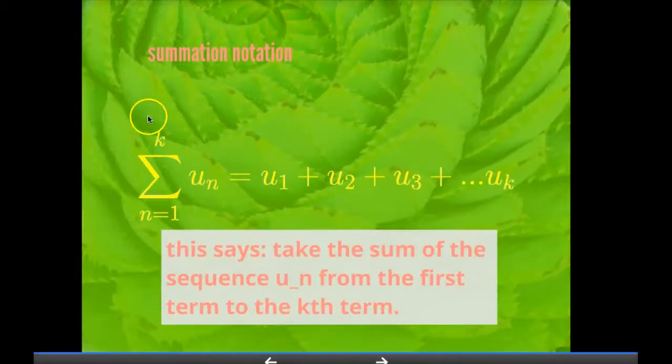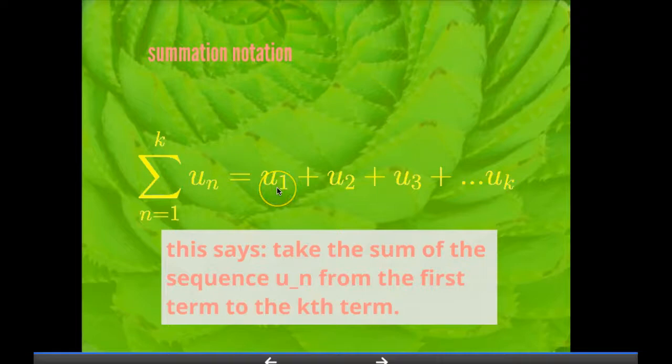Okay, so here's our sequence notation, and I recognize that this kind of has a lot going on. What this says, so this symbol over here where you've got a k and some weird Greek letter and n equals 1 of u sub n, this is saying to take the sum of the sequence u sub n, starting at the first term and going to the kth term, where u sub k is your endpoint.